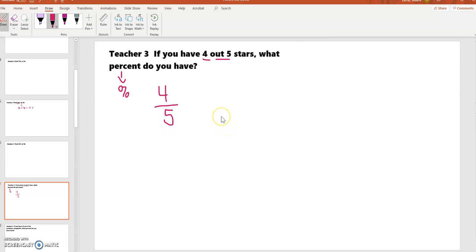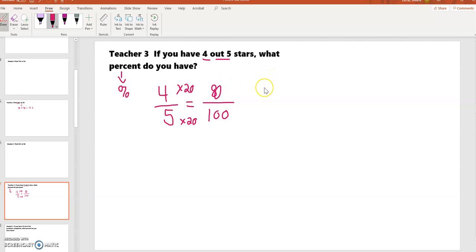I want to set this equal to a fraction out of 100 because percents are always fractions out of 100. I know that I can multiply 5 times 20 to have a denominator of 100, and so I replicate that in the numerator as well. 4 times 20 is 80.